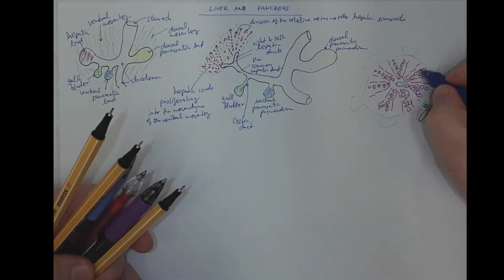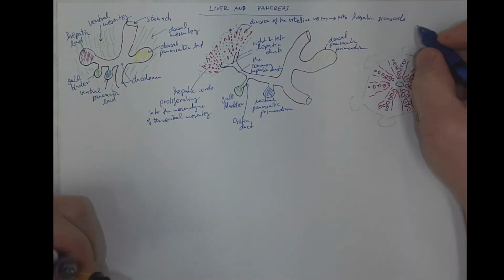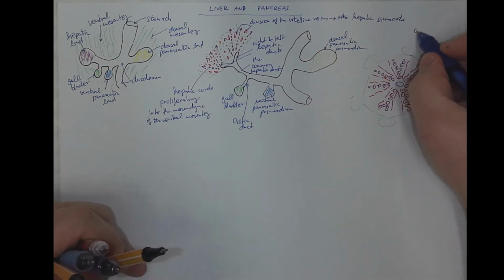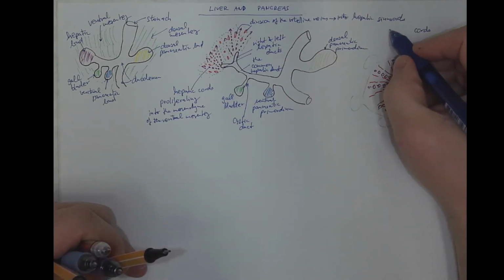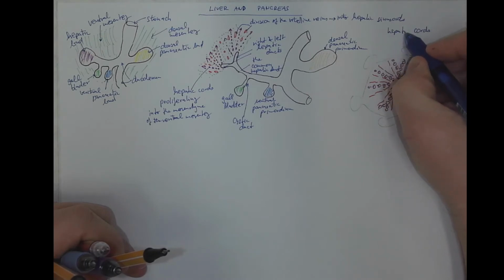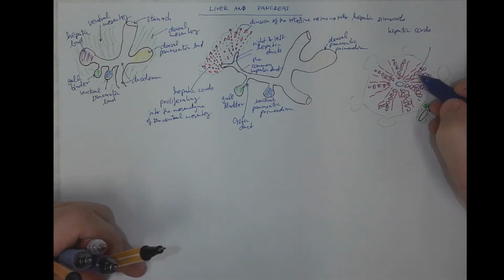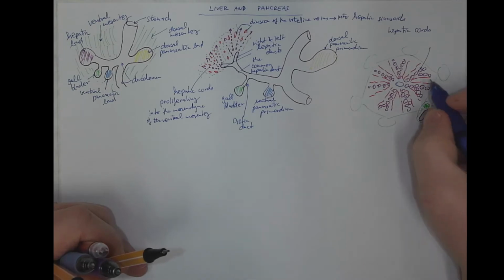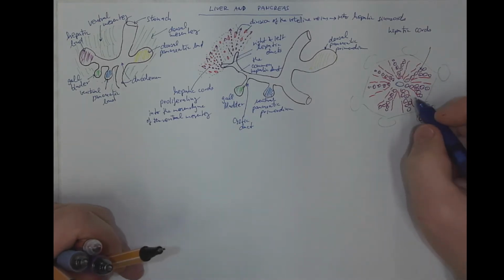So these are the hepatic cords. Hepatic cords, or cords of hepatocytes, the liver sinusoids.